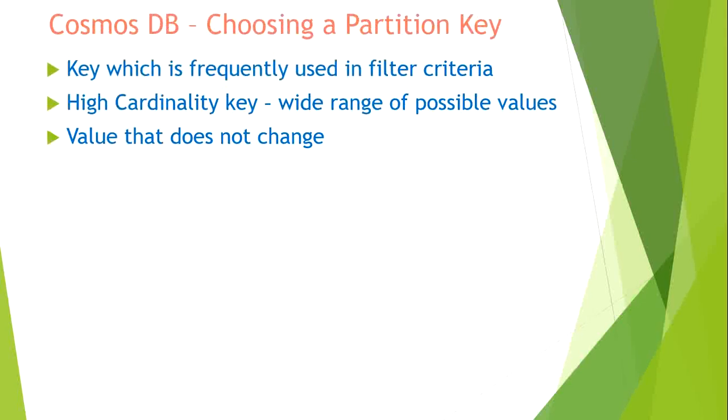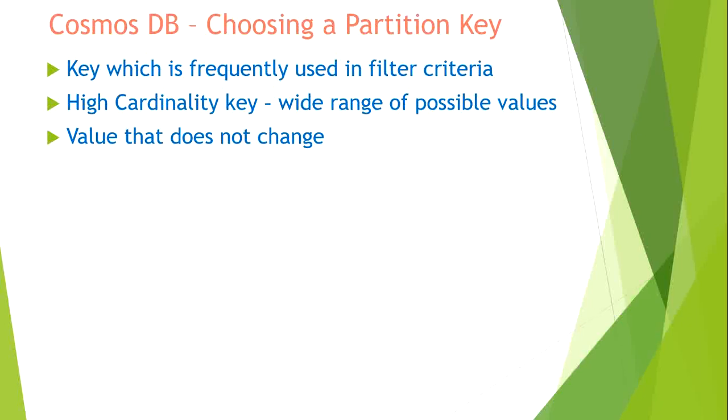Another question is what our criteria should be to choose a partition key, because the partition key is very important in terms of the efficiency and performance of your Cosmos DB database. The very first thing is that you should identify a key which is quite frequently used in the filter criteria.